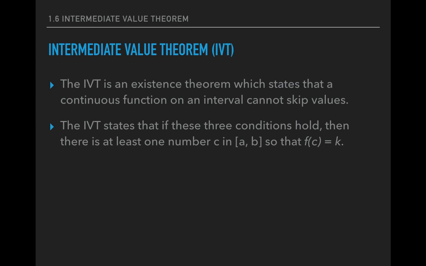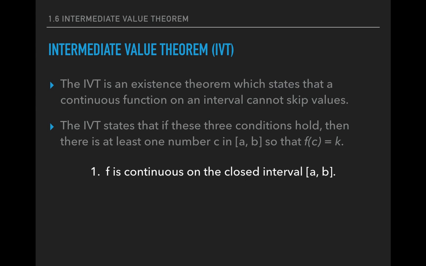And the IVT states that if these three conditions, which we're about to discuss, hold true, then there is at least one number, C, in the interval AB, so that f of C is going to equal K. And here are the conditions.